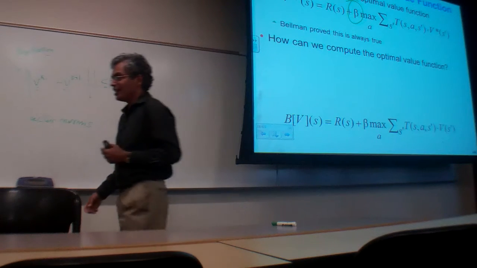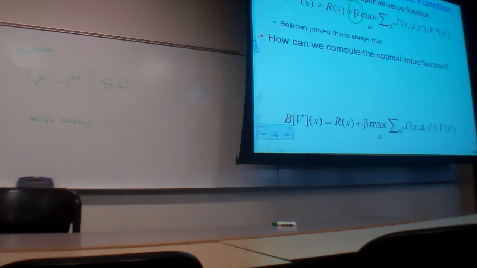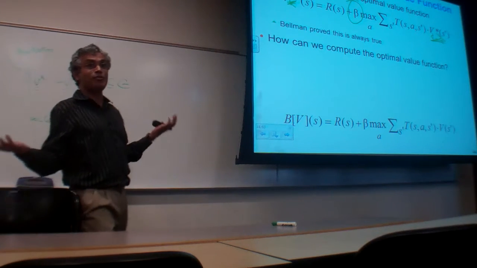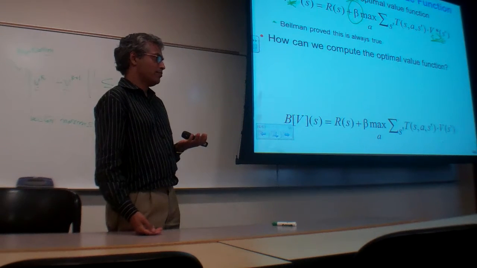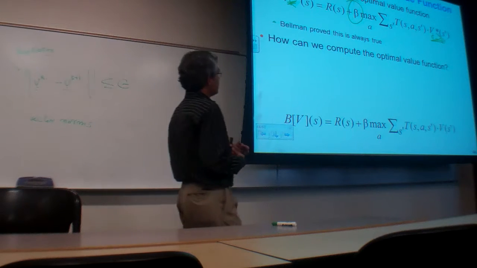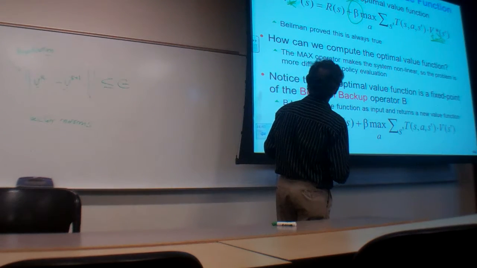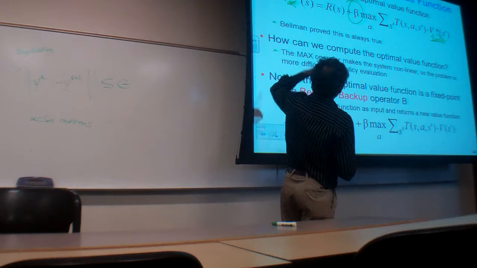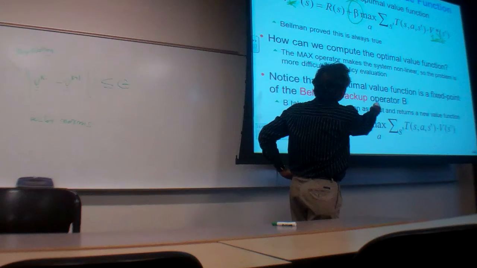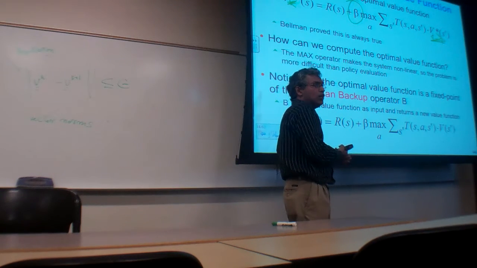One other thing is that in the finite horizon case, you would have said Vk star is in terms of Vk minus 1 star. Now there is no k and k minus 1 because at some point they have to become the same. This operation, you're doing it on a value function. You're doing a Bellman backup on a value function to get a new value function.